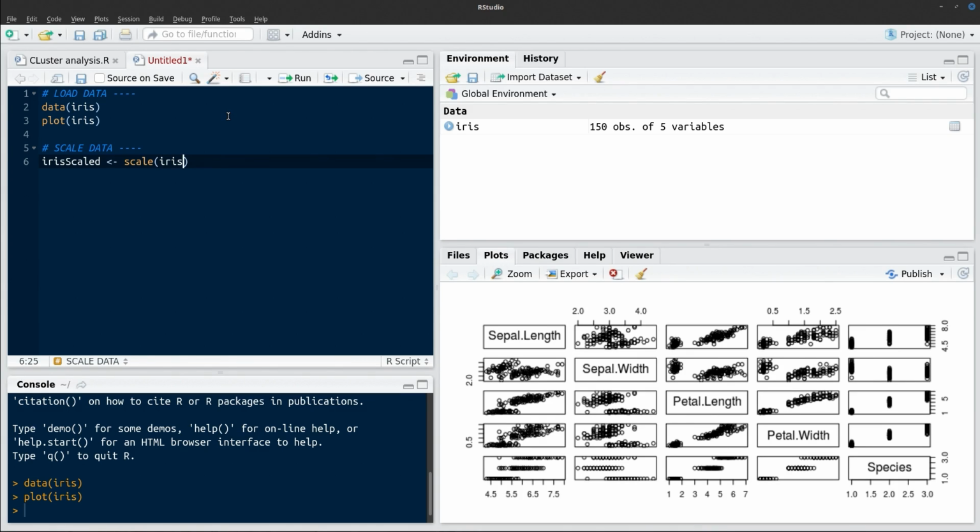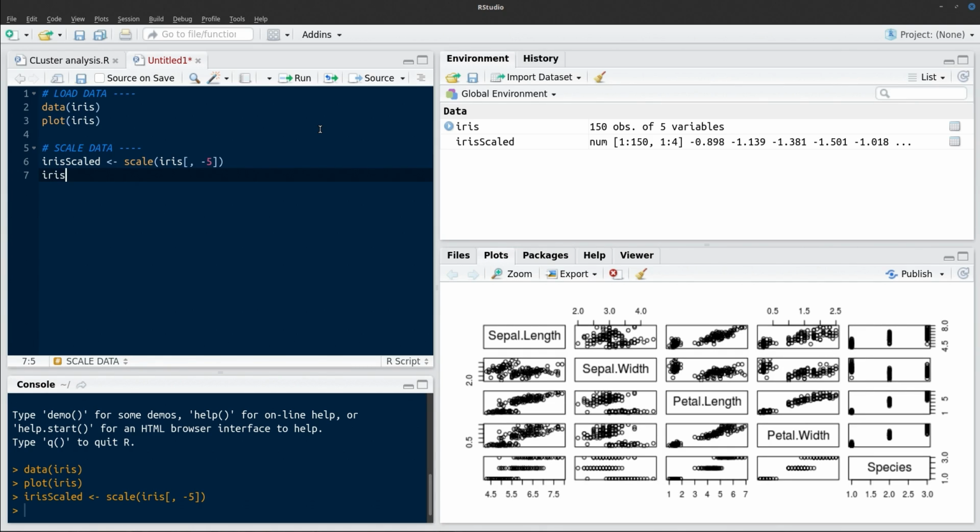Now, clustering algorithms are only able to cluster on continuous variables. And in our data set currently we have four continuous variables and one categorical variable, species. And so we're just going to get rid of that categorical variable by subsetting our iris data frame and saying we want all rows and all columns except column 5.